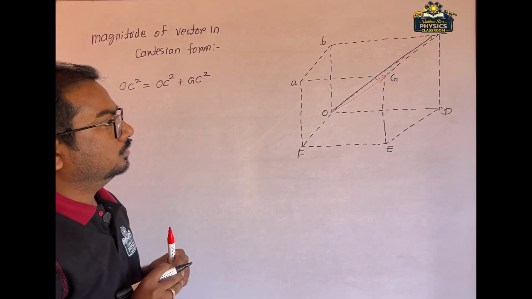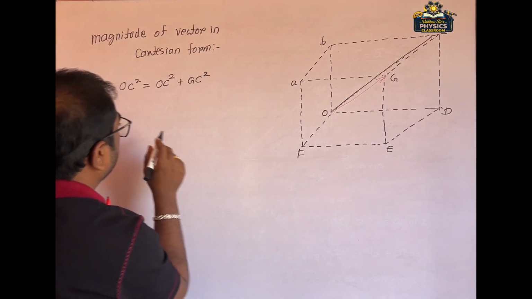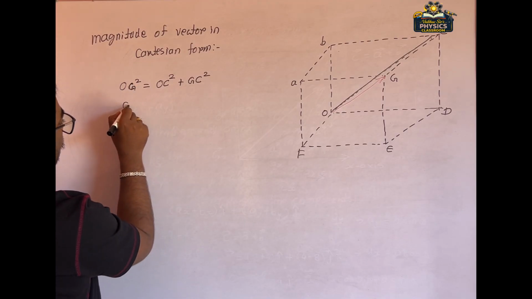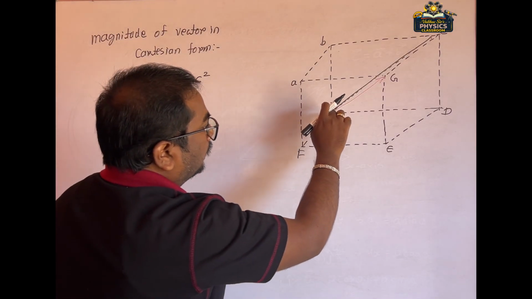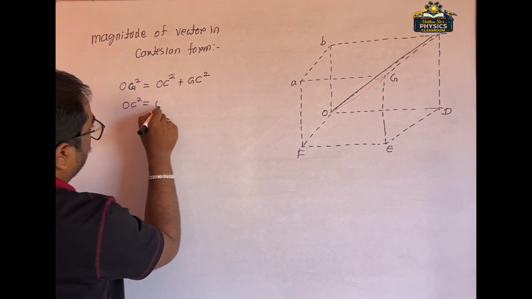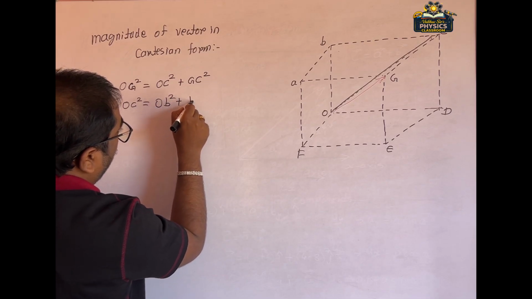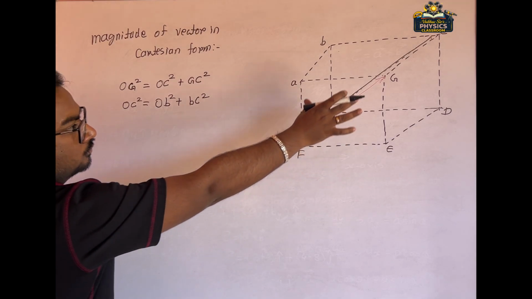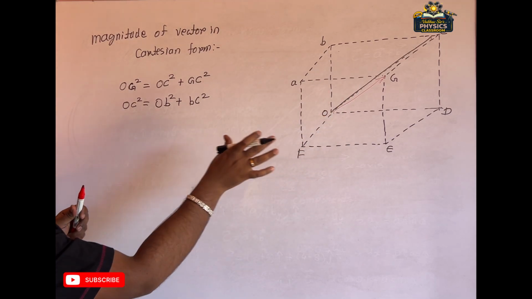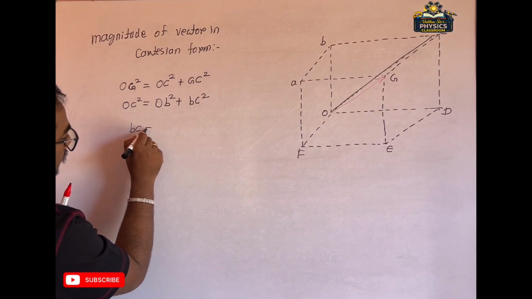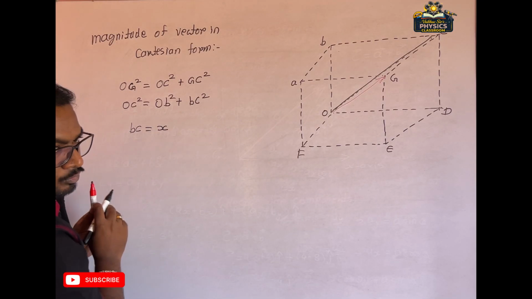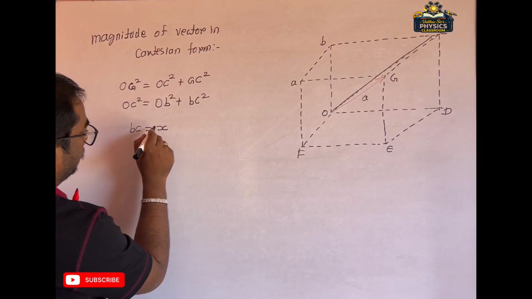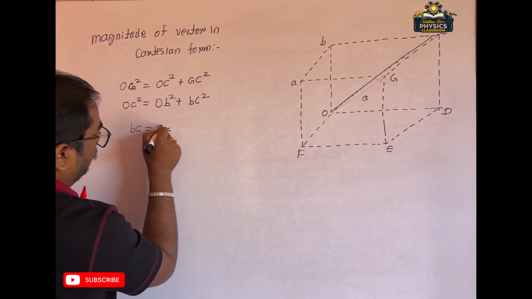And how can we find OC square? OC square will be OB square plus BC square. Now you can know, right? This BC is nothing but the x component.